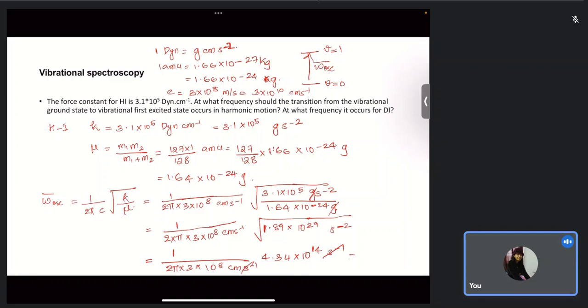So this one divided by 2 into 3.14 comes to 0.2307 into 10 to the power 6 centimeter inverse.